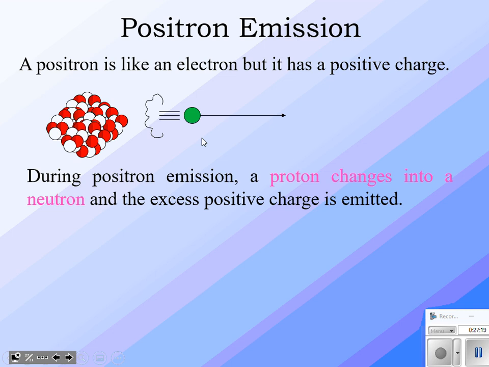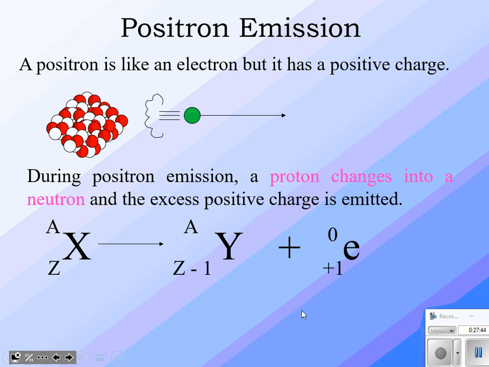Once again, a proton changes to a neutron, so does my A change? It does not. If a proton changes into a neutron, does my Z change? It does. How does my Z change? It decreases by 1. So, if I'm looking at this equation, which go ahead and copy this down into your notes. This is our fourth and final one today, positron emission.